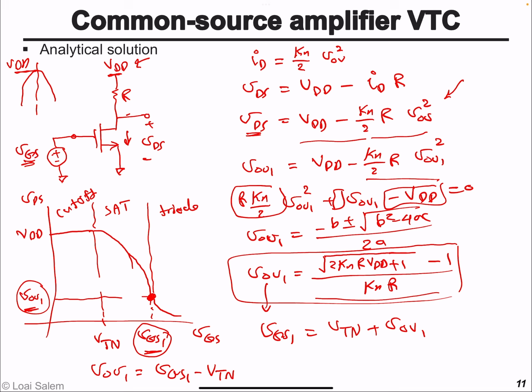So this is V overdrive 1, just add VTN to it, and this is going to be the VGS1 value, the input voltage value at which the transistor starts entering the triode region.